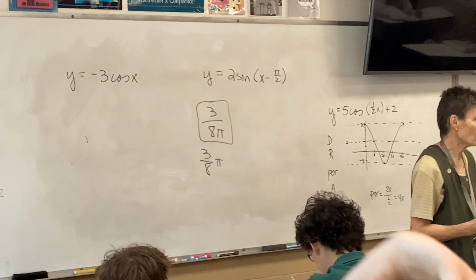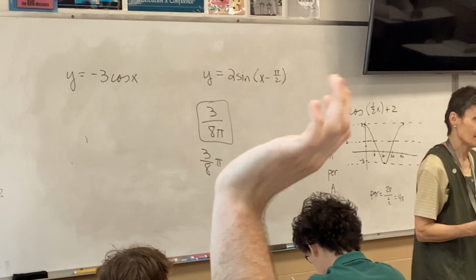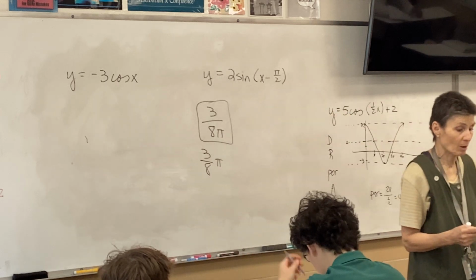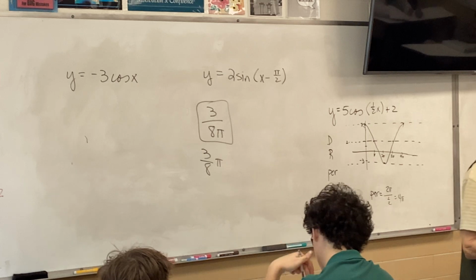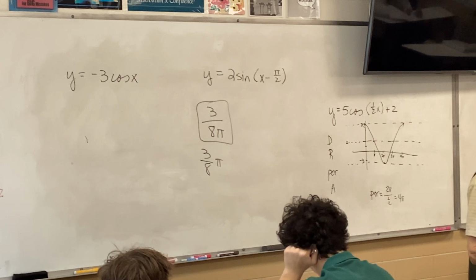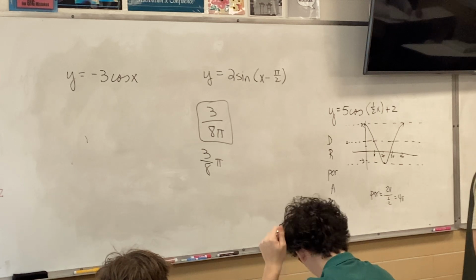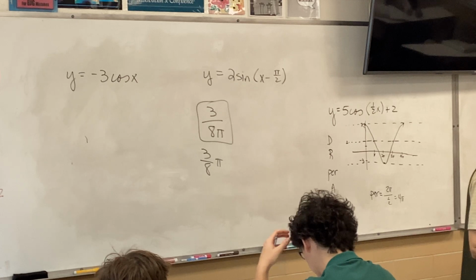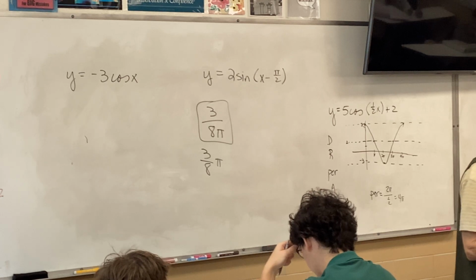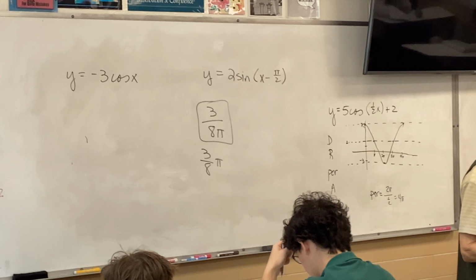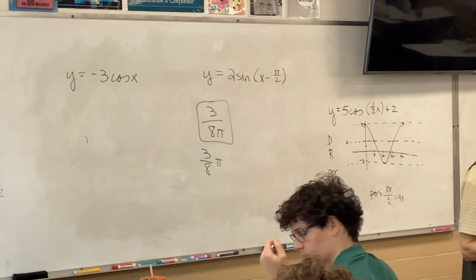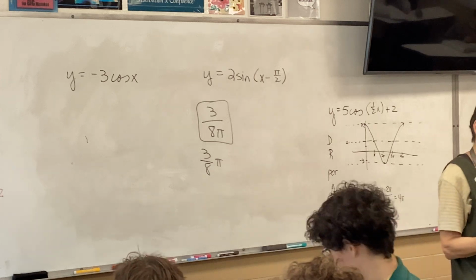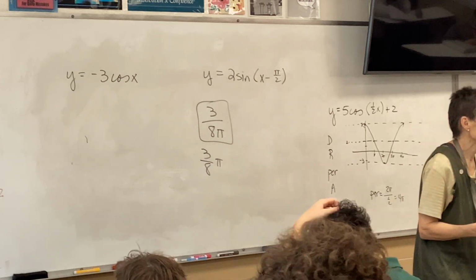If you start at the origin, that's a negative sine, and all the rest of them are a positive sine. How about C? Period's just pi instead of 2 pi. And what about D? It's vertically translated. In other words, its midline is not 0. Its midline is y equals 2.